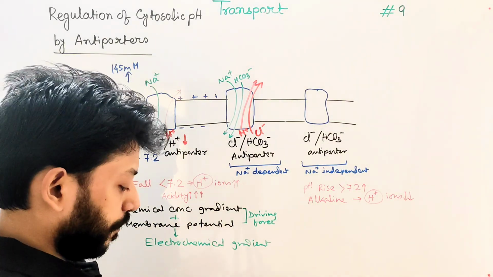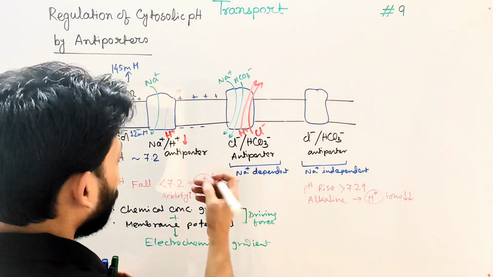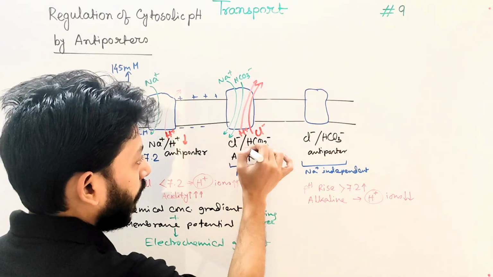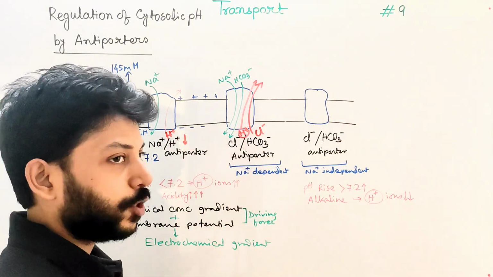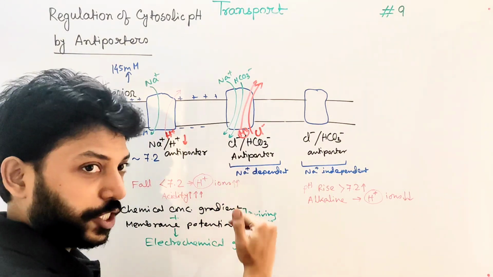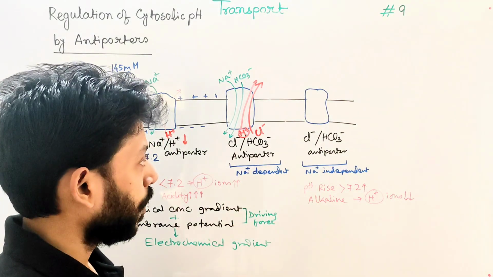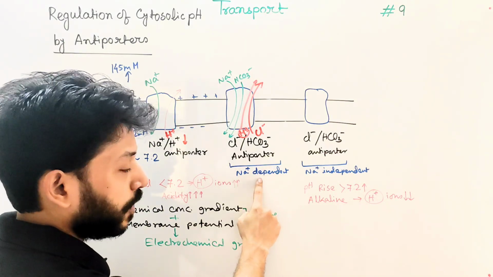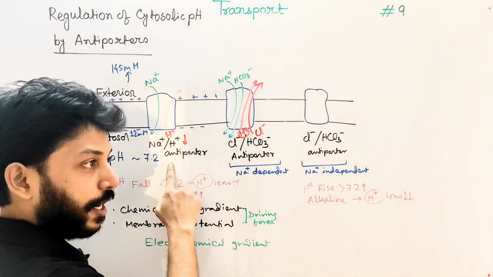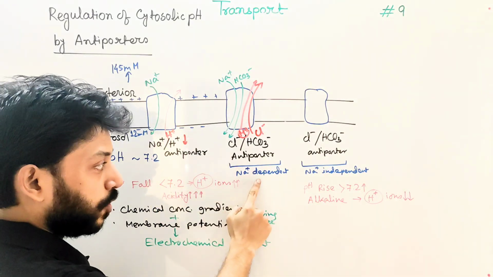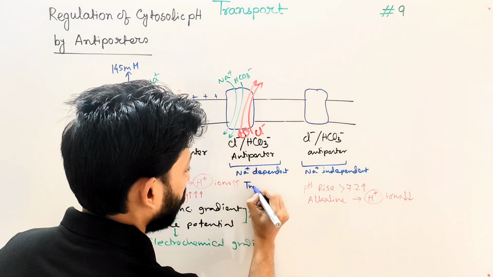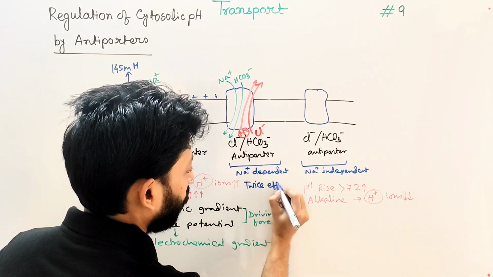But what happens here? See here, just like the sodium hydrogen antiporter, this antiporter also removes one hydrogen ion. That means it decreases the H plus ion concentration. But this antiporter works twice as efficiently as the sodium hydrogen antiporter. Remember, twice as efficiently.